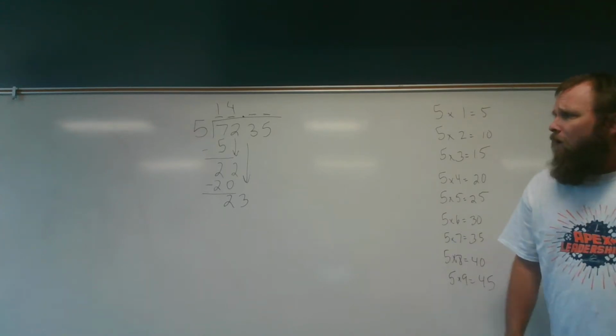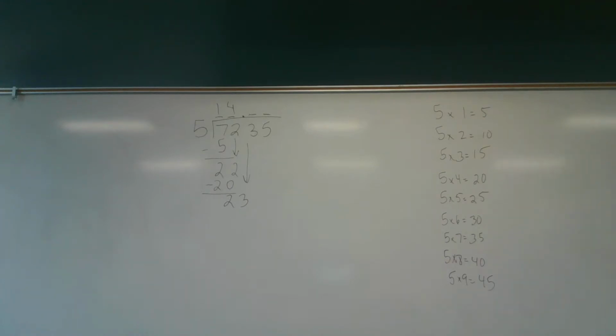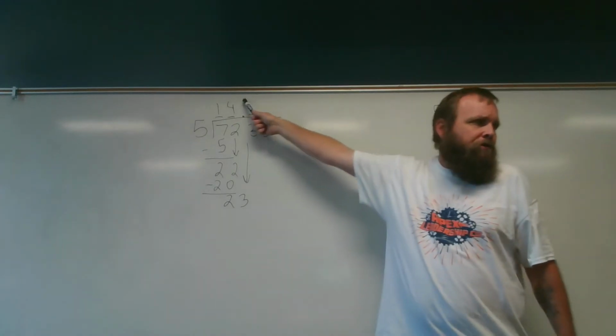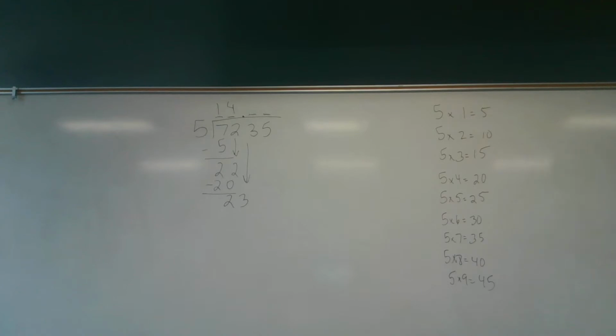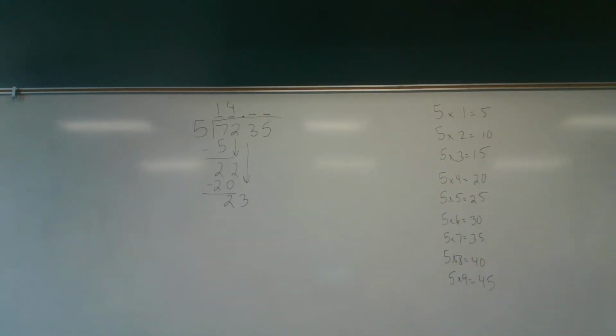All right, so now we have brought down our 3 from our dividend. You can't just put numbers up there; you have to put your numbers in your quotient, because that's what we're looking to find. So, Morgan, I need to find a multiple of 5 that is close to 23 without going over. 20.